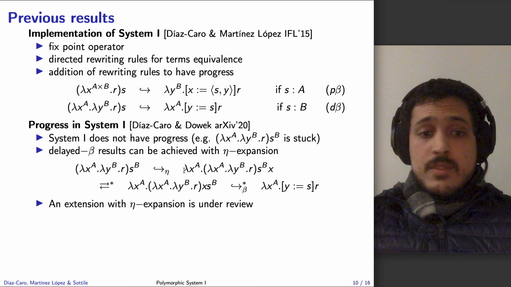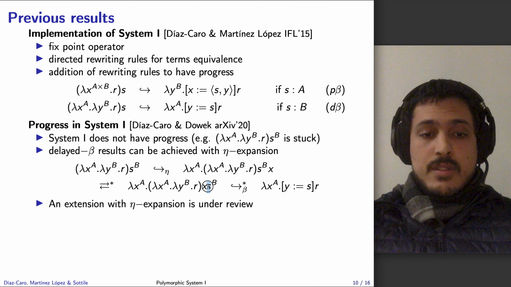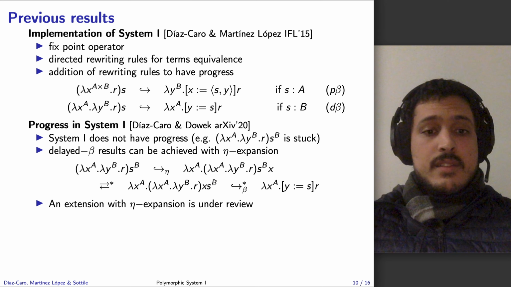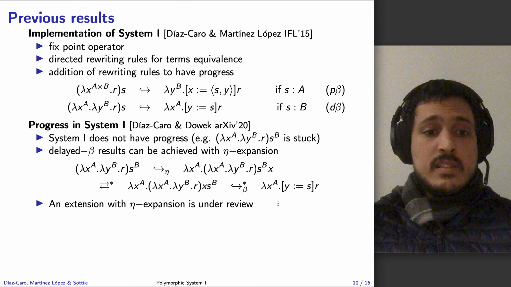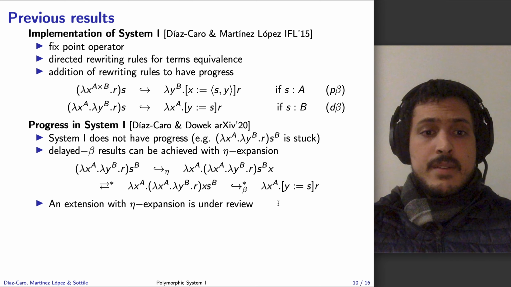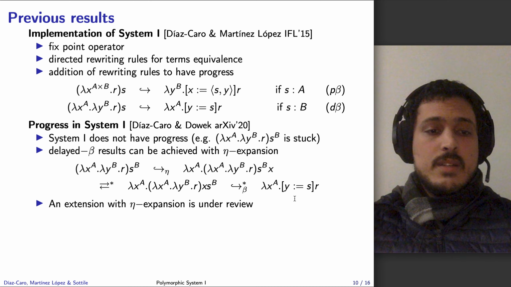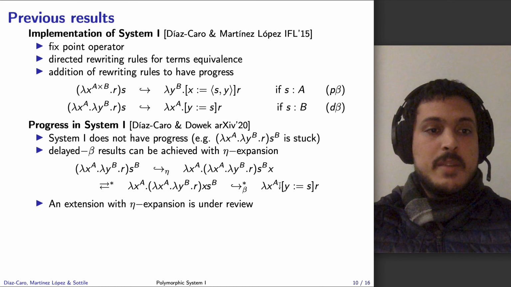And we know, this is the previous example we saw, that this term can just swap its arguments and transform into this. And this better reduces to exactly this term, which was the one that delayed beta gave us. This is a work that is now under review. But well, using this, there's progress in System I.